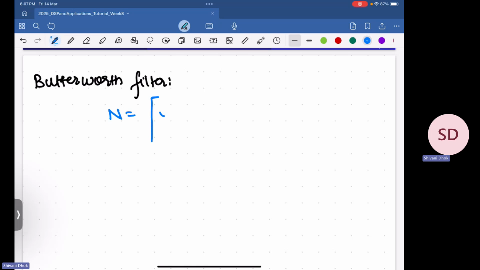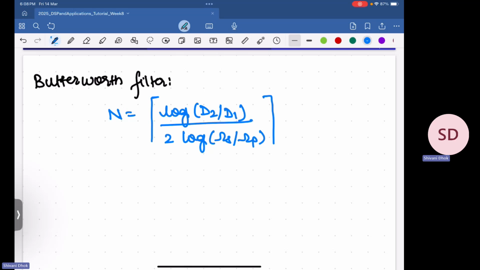n is greater than or equal to log of d2 by d1 divided by 2 times log of omega s by omega p, and the cutoff frequency follows this relation.